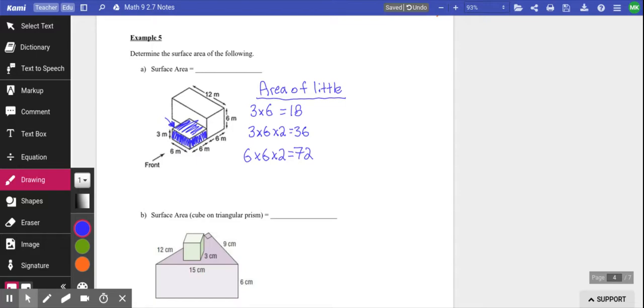That means the total area of the little guy that I'm painting would be 18 plus 36 plus 72. If you put that in your calculator, you should get 126. That's the area of the little shape.